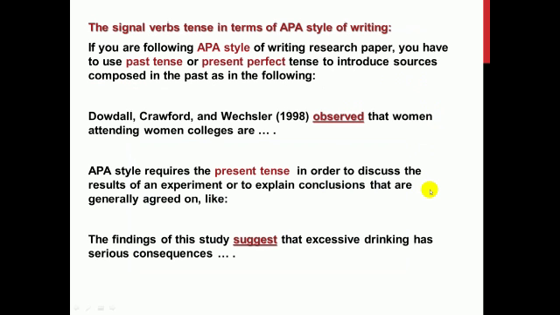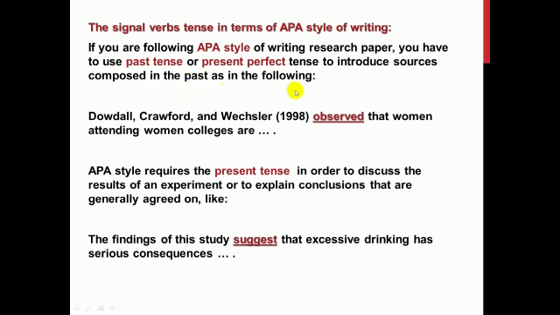Here, let me see. The signal verbs tense in terms of APA style of writing. If you are following APA style of writing a research paper, you have to use past tense or present perfect tense to introduce sources composed in the past, as in the following.